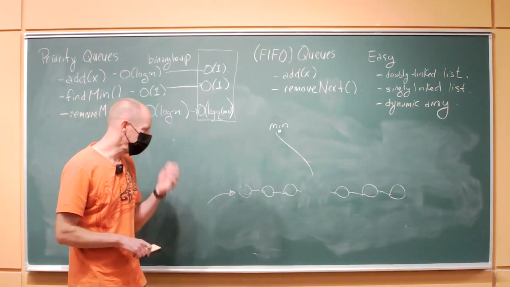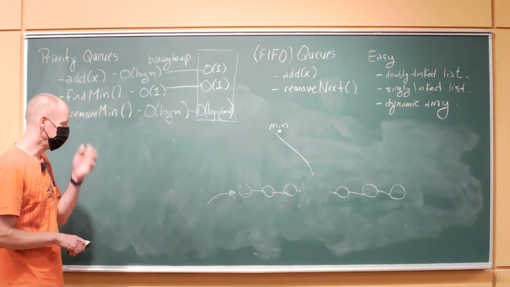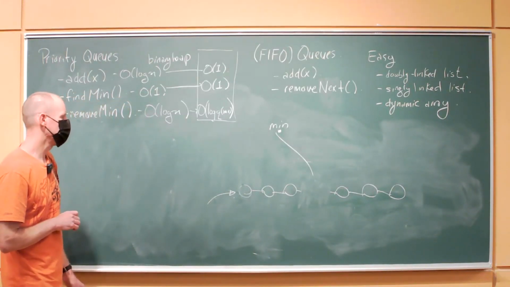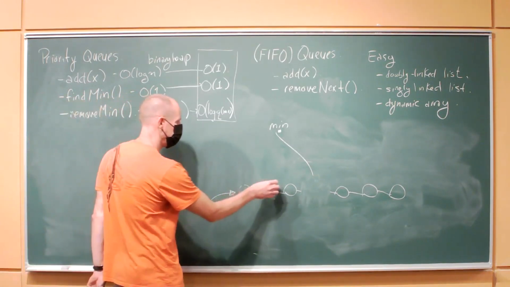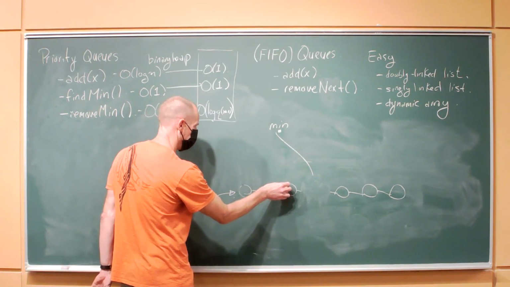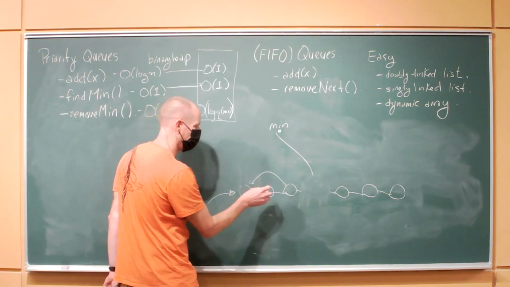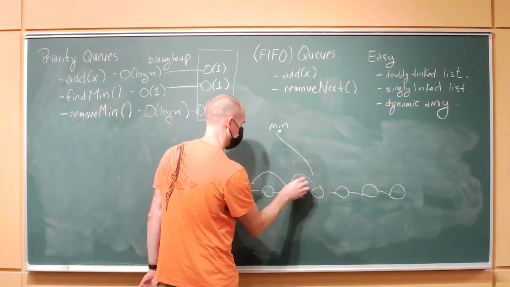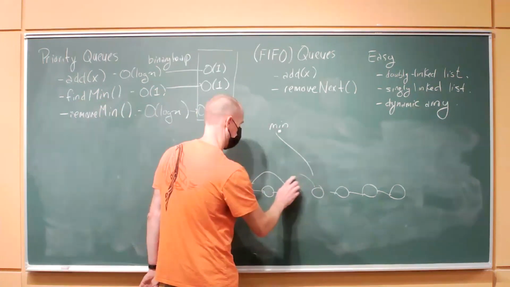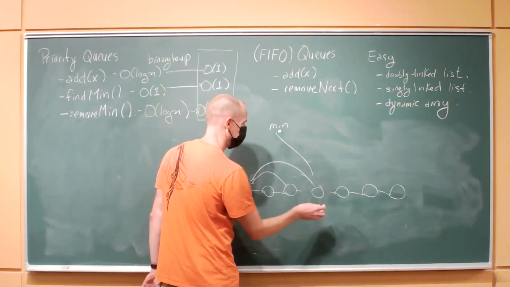So you can actually cook something up fairly easily, which has everybody pointing to the smallest value which comes before them. Maybe something like this.